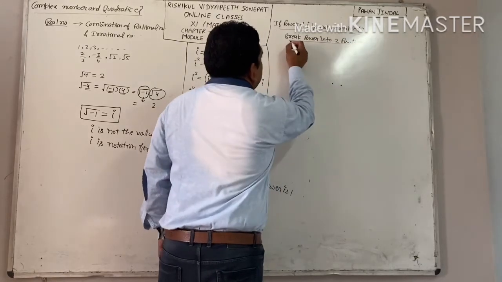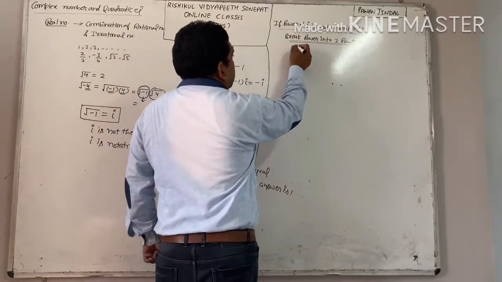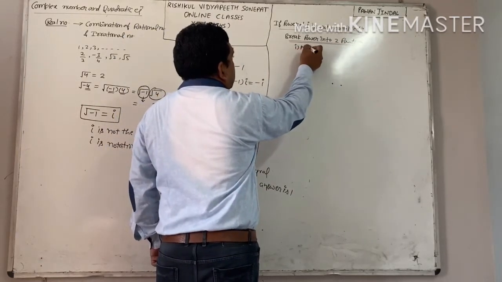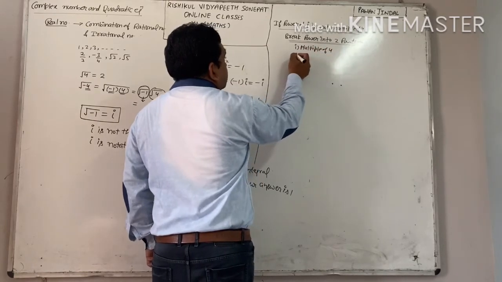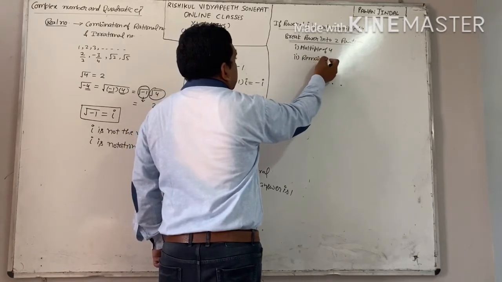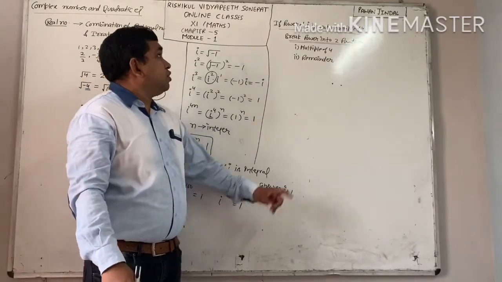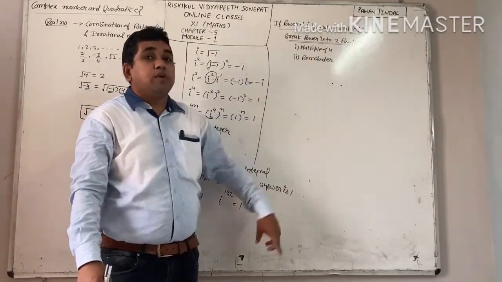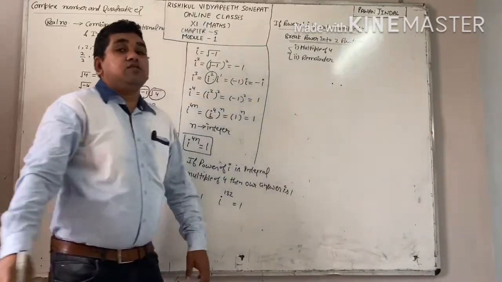What you have to do? Break that power into two parts. These two parts are, one is your multiple of 4 and another part is your remainder. Means when power of iota is not a multiple of 4, you will break that power into two parts, one is your multiple of 4 and another is your remainder.